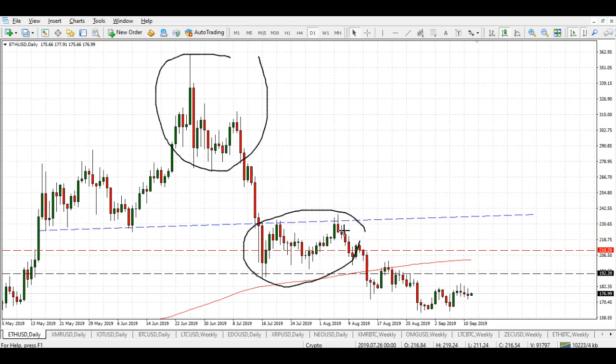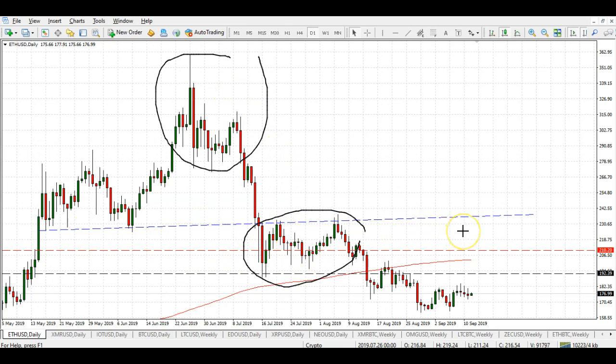Even though the head and shoulders is completely off, it's twisted completely. The right shoulder is basically coming below the neckline, the neckline coming from below. That's completely twisted here. However, the implications are the same. So we have a lower high for the first time, plus we have that neckline.